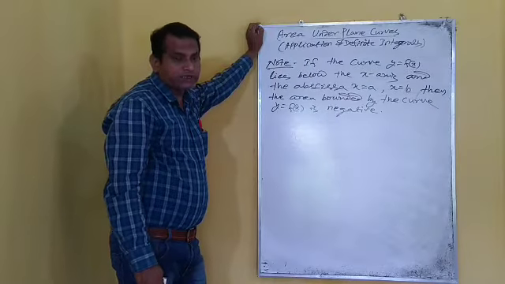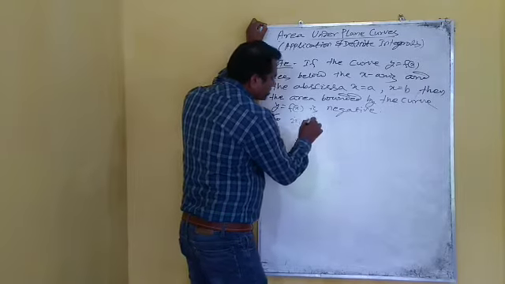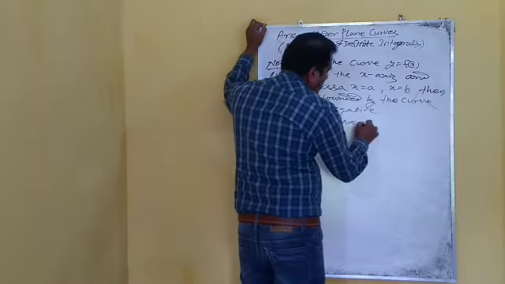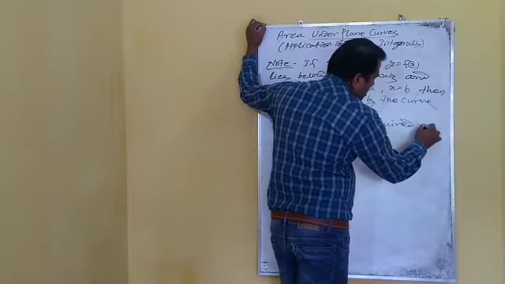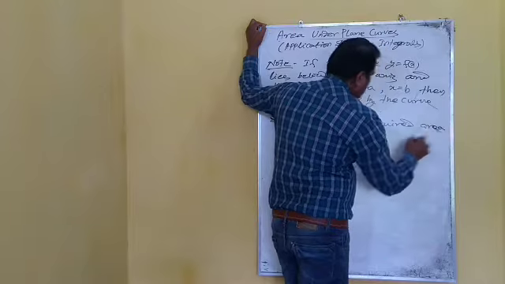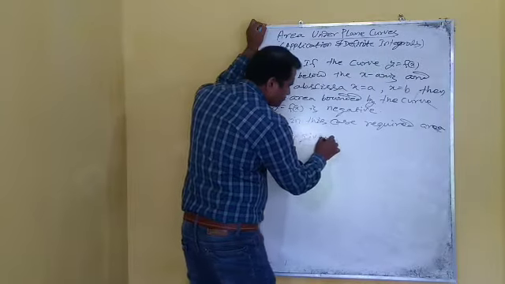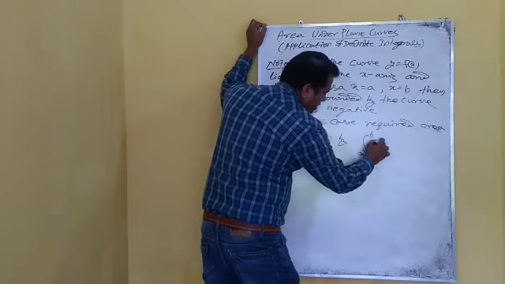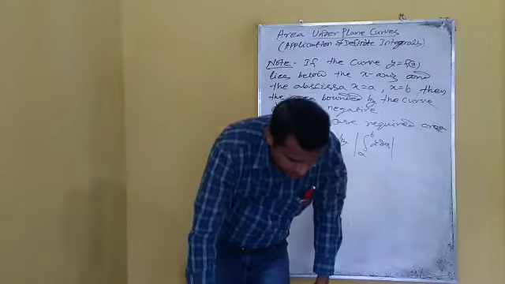So in this case, the required area is given by the modulus of the integral from a to b of y dx, because the area is always positive.